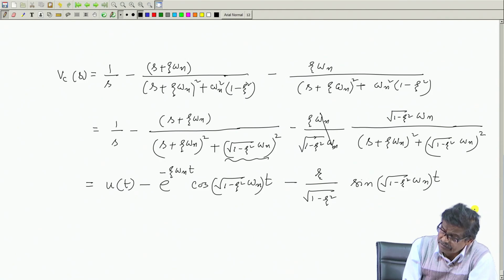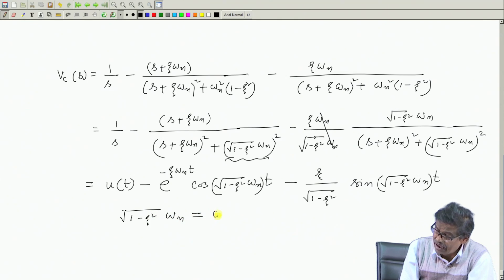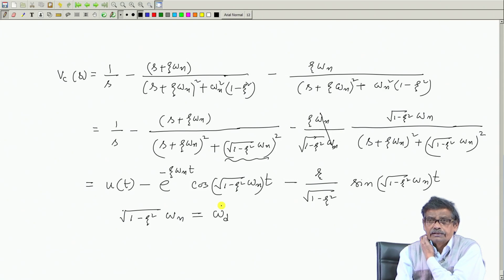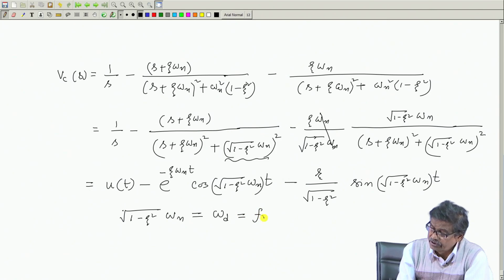People say that root over 1 minus zeta square into omega n is called the damped frequency. Mind you, zeta is a dimensionless quantity. Okay? So, omega d is called the frequency of damped oscillation.